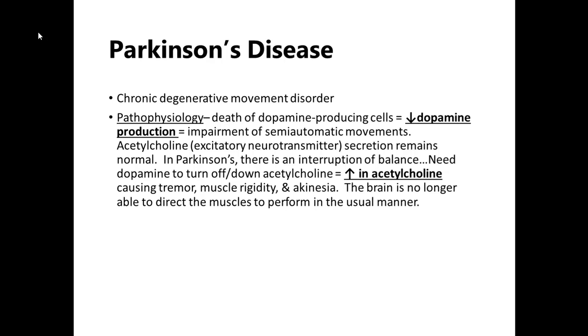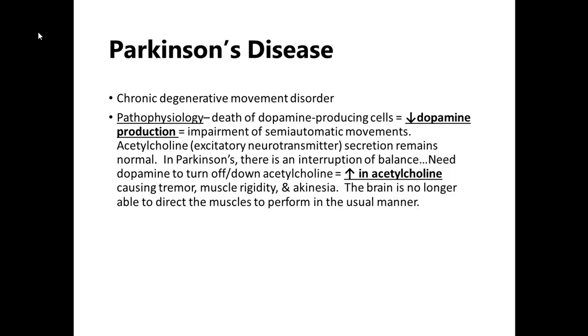All right, Parkinson's disease. Parkinson's disease is a chronic degenerative movement disorder. Basically, there's a death of the substantia nigra, which decreases dopamine production and increases acetylcholine, because dopamine is needed to turn off the acetylcholine.